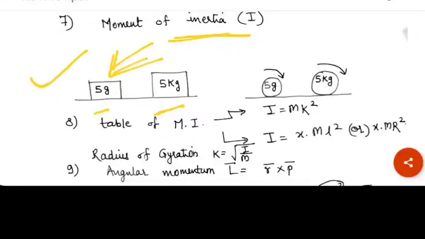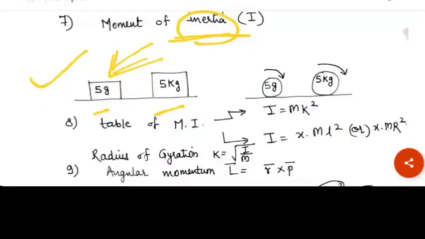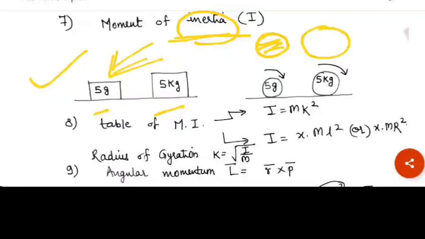Okay, so this property of both the masses by which they resist any change in the translatory motion is called inertia. But if these particles are converted into circular form, now I don't know whether one is a disc and the second is a ring, because till now the question does not give us any detail.